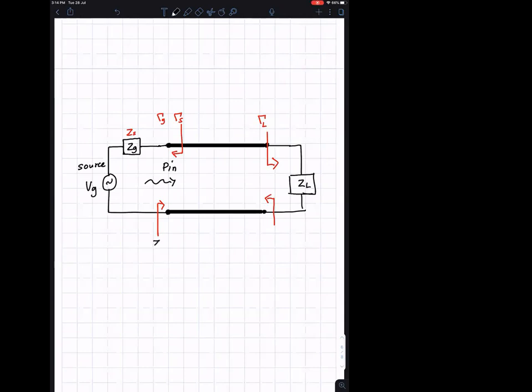So you know that this is gammas of in, gammas of L, and the rest are okay.